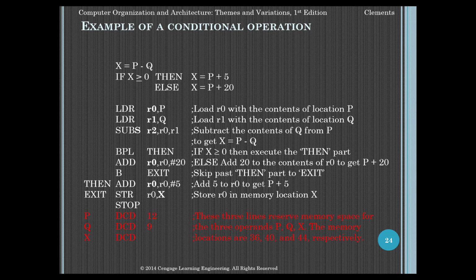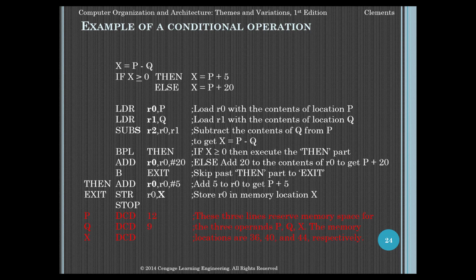If this was false, we hop down here to the then and we add a literal 5 instead. Down here at the exit, either way, we either come to the exit or we drop to the exit. We're going to take that memory location of X and make sure that's stored in register 0, and then we stop. That's the end of our program.